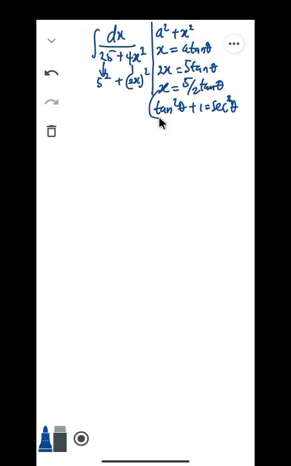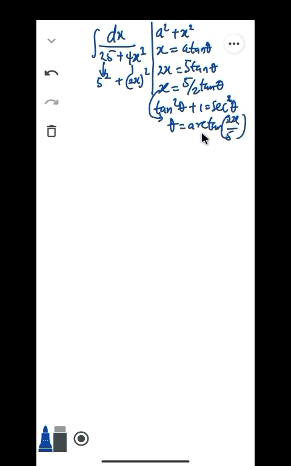From here, if we are trying to make theta the subject of the formula, we can say theta will be equal to arctan, or tan inverse, of 2x over 5.